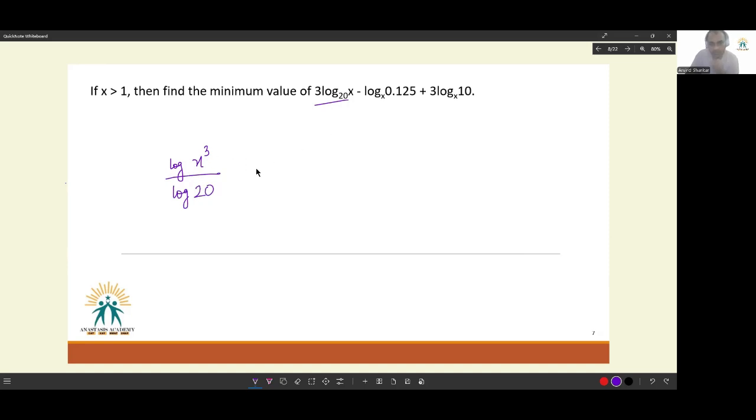I have log x cube by log 20 minus, if I have minus, I can't really do that now. Right now, I will have to do log x. Okay. This is as good as 1 by 8 or 2 raised to the power of minus 3.